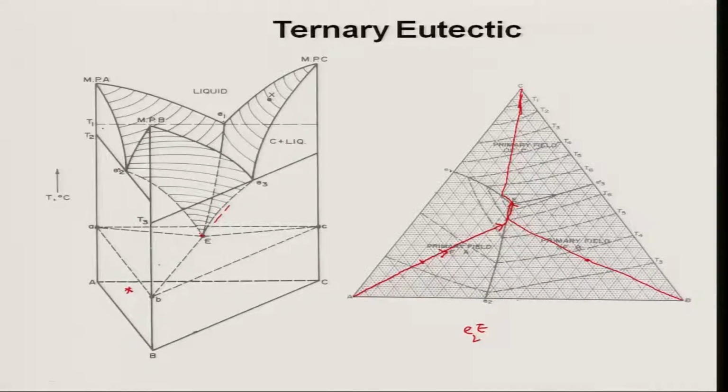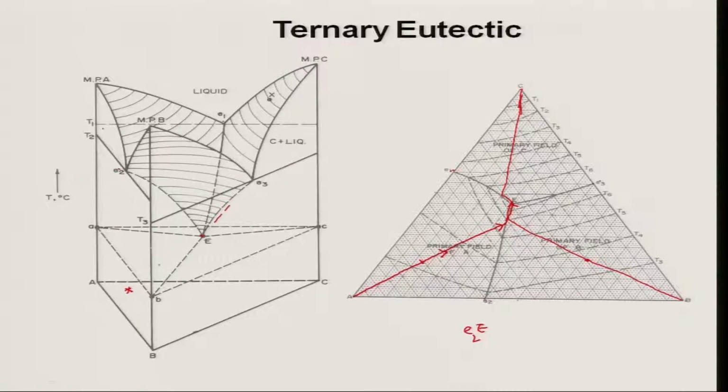Category number 1 was the composition corresponding to point E, and category number 2 is the composition falling in the primary phase field.